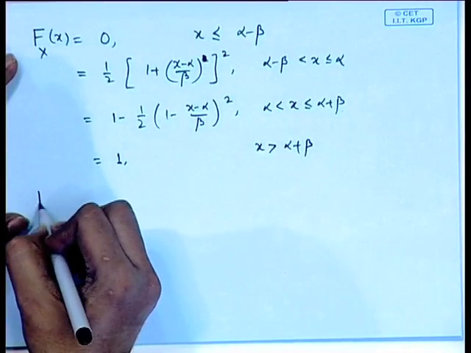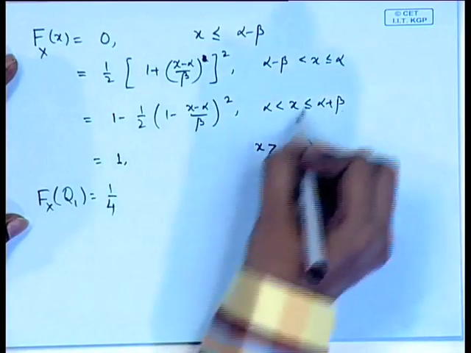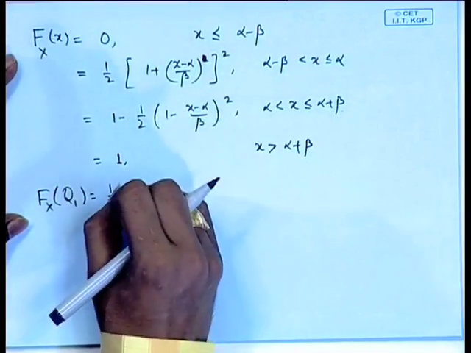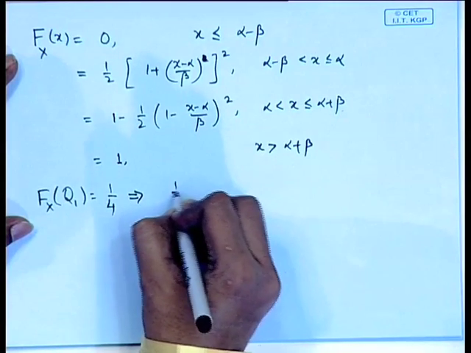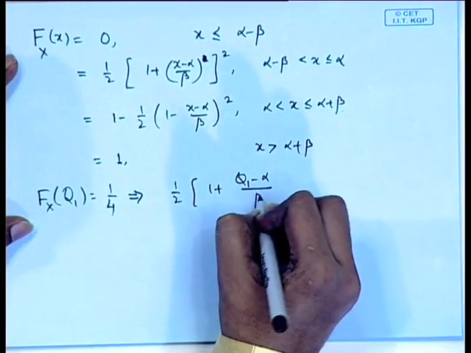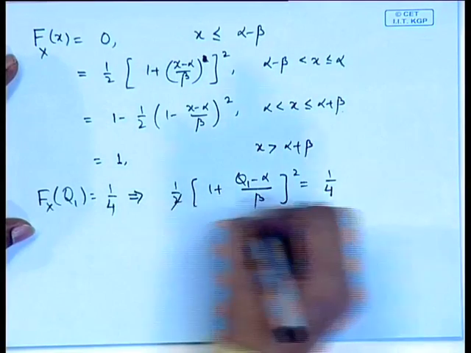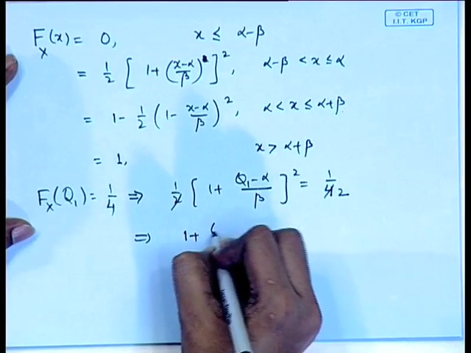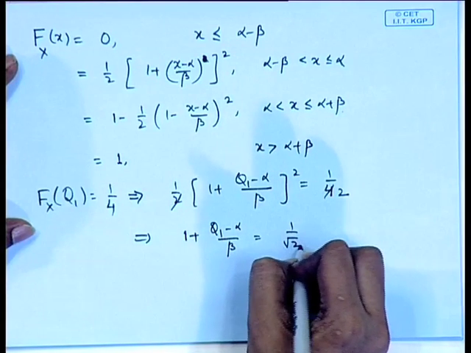If we look at the point where the value becomes 1 by 4, then we need to look at this one, because the probability at x equal to alpha is equal to half. So, 1 by 4 will naturally be in this interval alone. So, this means that half times (1 plus (q1 minus alpha) by beta) whole square is equal to 1 by 4. So, we can do the simplification here: 1 plus (q1 minus alpha) by beta is equal to 1 by root 2.